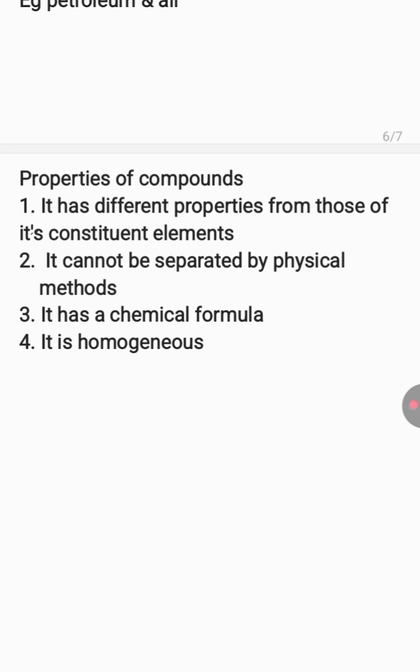Now we are going to look at examples of elements, particularly the first 20 elements. Note, there are over 118 chemical elements.